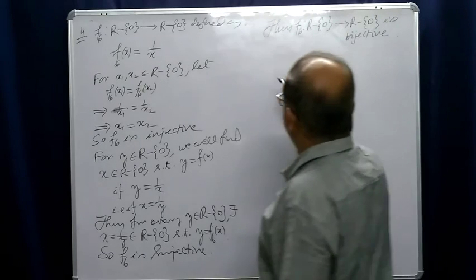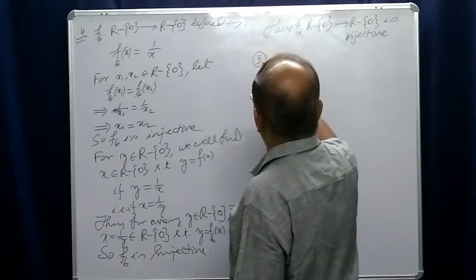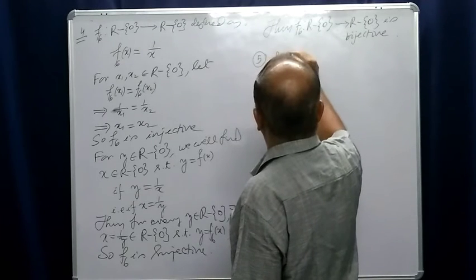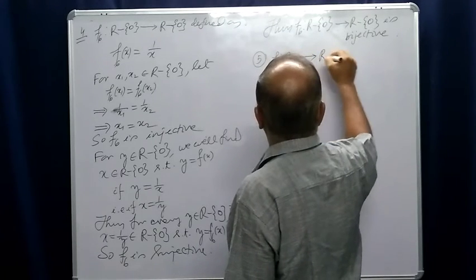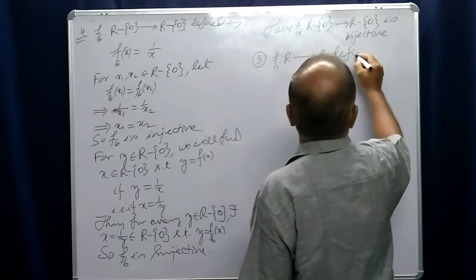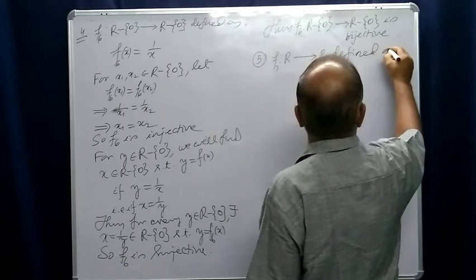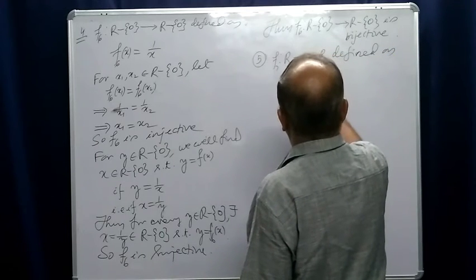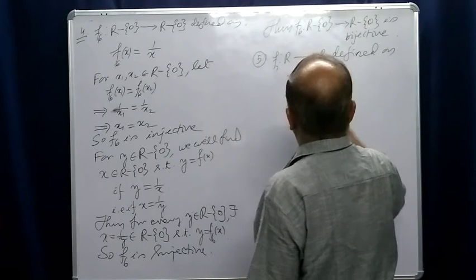Let us discuss our absolute value function f7 from R to R, defined as f7(x) is equal to the absolute value of x.